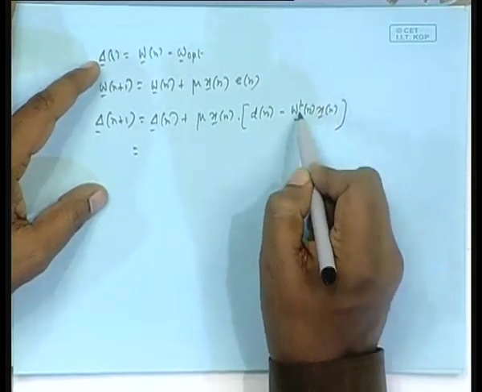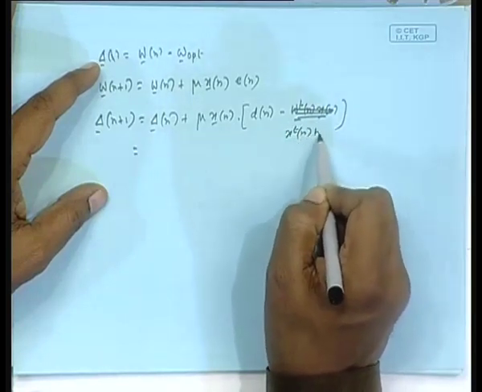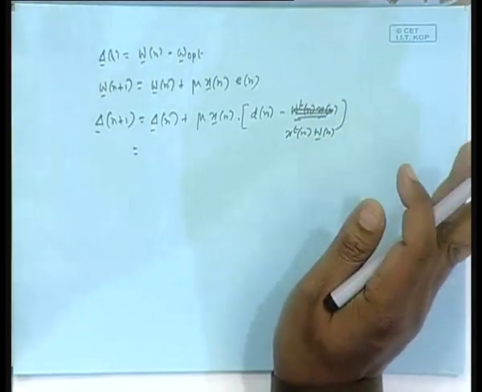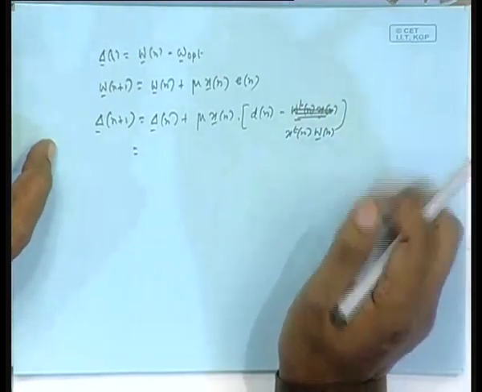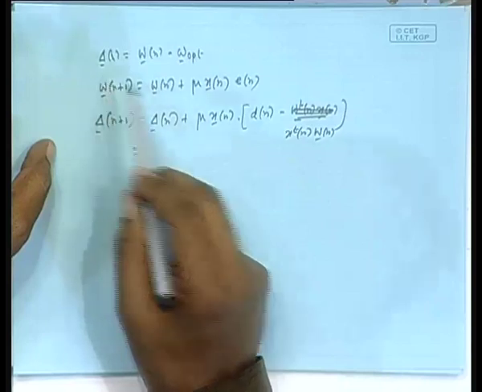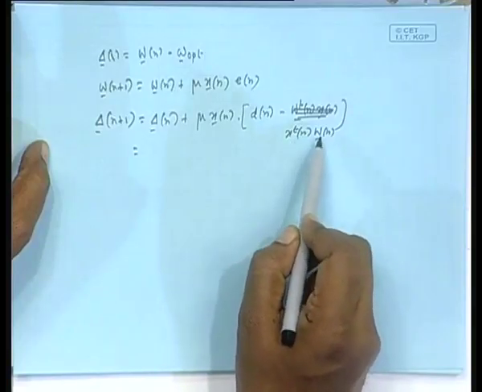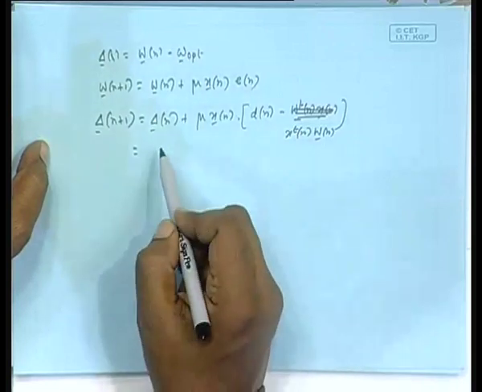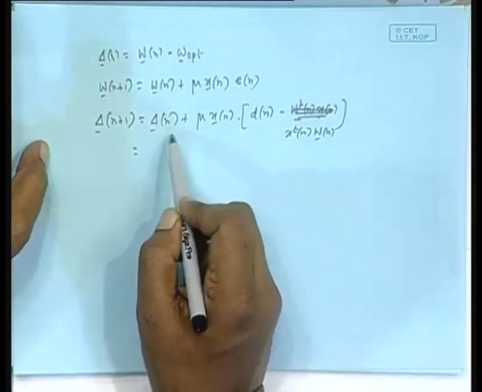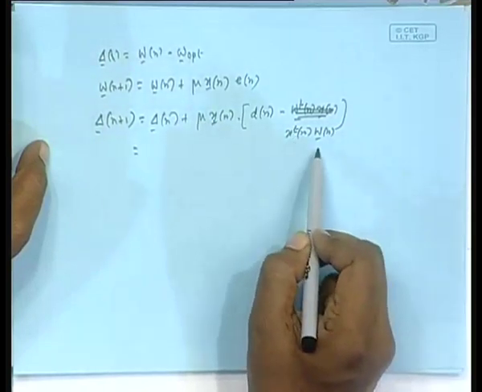Instead of W transpose Xn, permit me to write it as X transpose n Wn; both are the same, at least in the real case. So I replace Wn by W opt plus delta n, and dn minus X transpose W opt will be your EO n, and there is another term, X transpose n delta n. So I have delta n, then mu Xn X transpose n delta n.